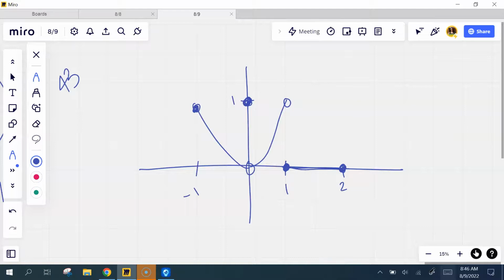Does the limit, you tell me true or false. The limit as x approaches 1 from the right is 1.